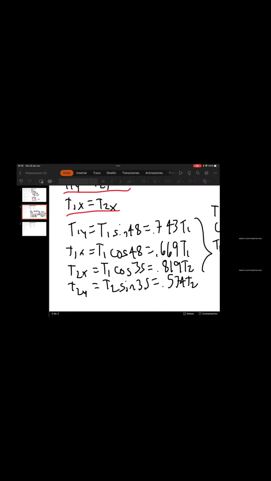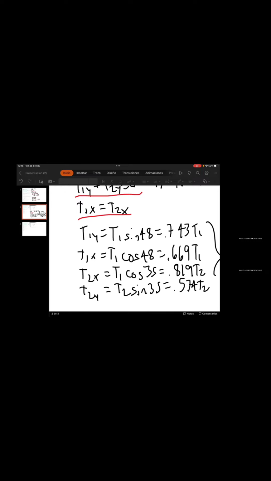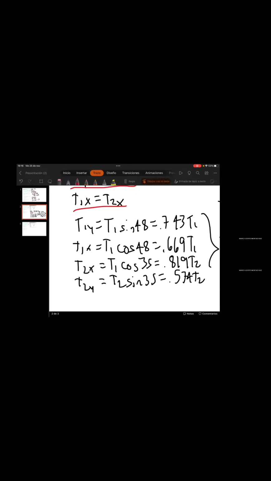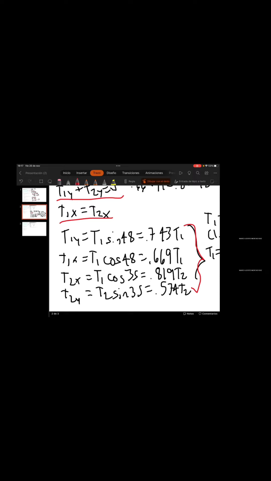We are going to find all the forces that I mentioned in here with these formulas. That is the T1: when it's y, it's times the sine of the angle, and when it's x, the cosine of the angle, and we are going to get the following results that are right here. Now with these results, we can substitute them in the formulas that we have right here.